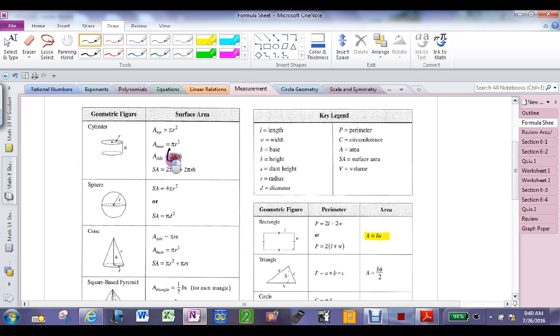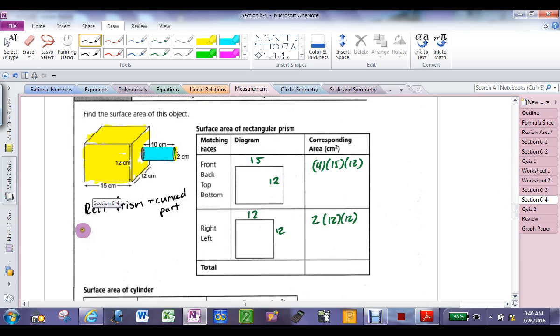The side is 2 pi rh. So what I really have is 2 WH, HL, LW plus 2 pi RH. And I can do it all in one go on my calculator if I'm paying attention. And I've learned how to do that on my calculator, which I've shown you many times.